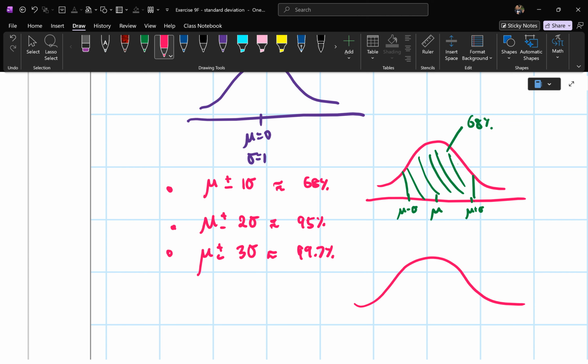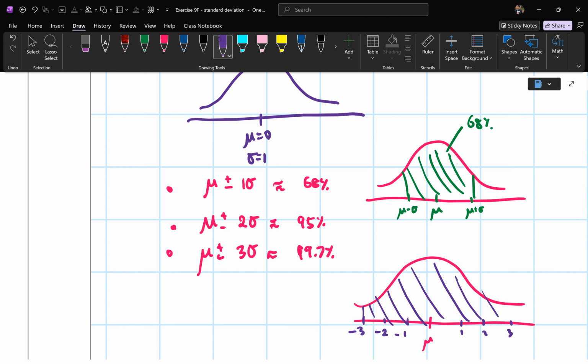Meaning, if I drew the graph and this was the mean, and let's say we did standard deviations like this. So that's 1 standard deviation, 2 standard deviations, 3 standard deviations. Then this will cover approximately 99.7% of the data. Okay, that's all it means.